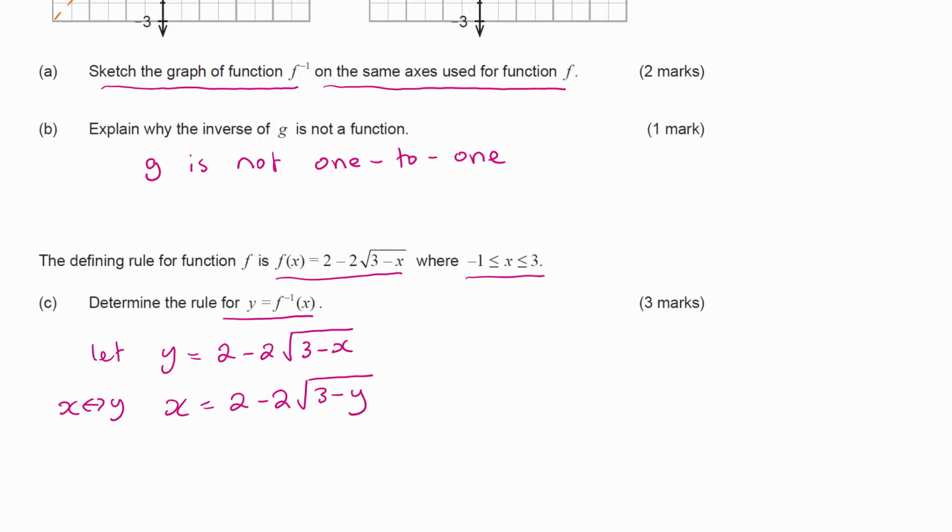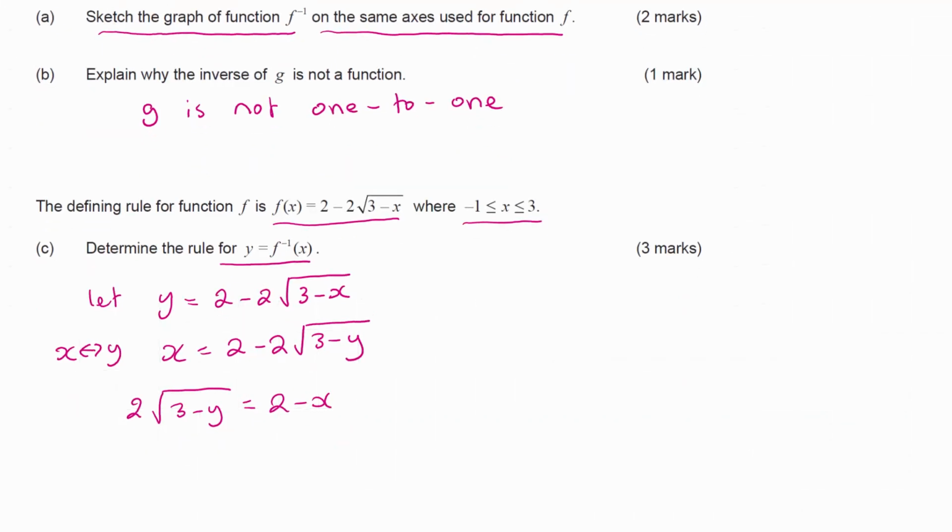And then we want to make y the subject. So we can say 2 root 3 minus y is equal to 2 minus x. If I square both sides, 4 times 3 minus y is equal to 2 minus x all squared.